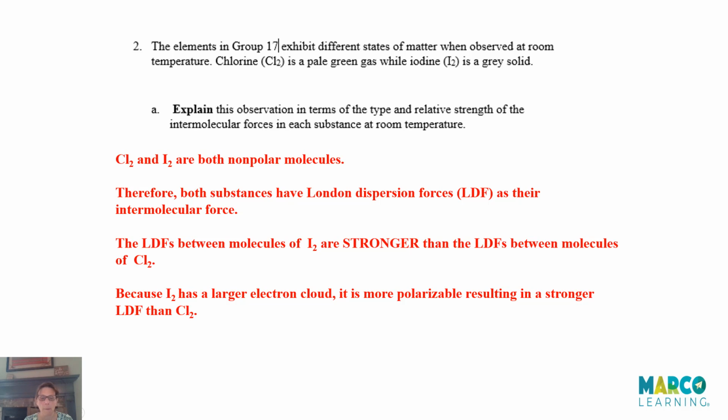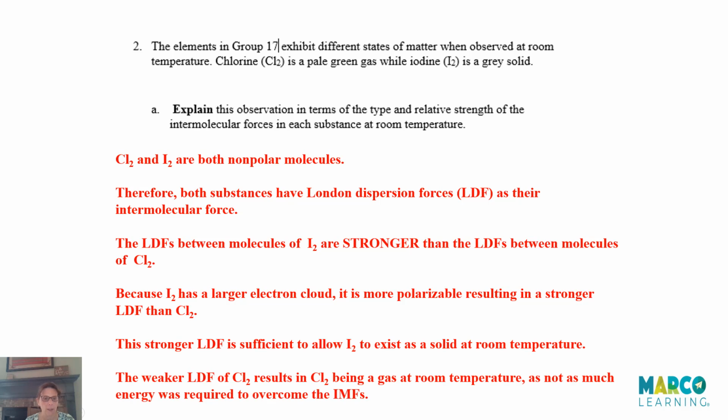Therefore, that makes that electron cloud more polarizable than Cl2's. And because it's more polarizable, there's going to be more of a chance that there's going to be a temporary shift where the electrons are more on one side of the molecule than the other side. And that gives us that temporary polarized cloud.